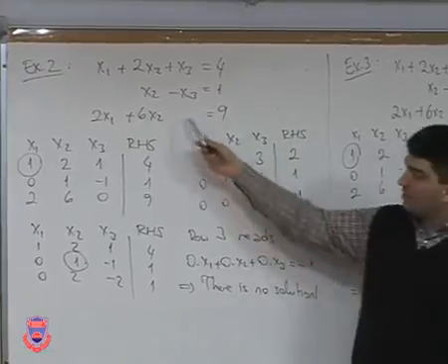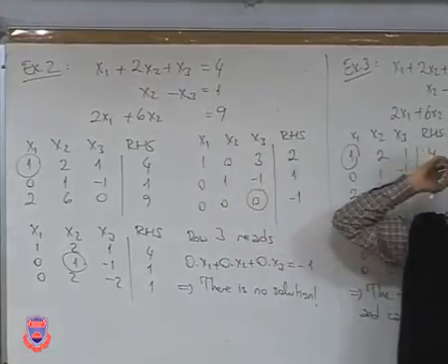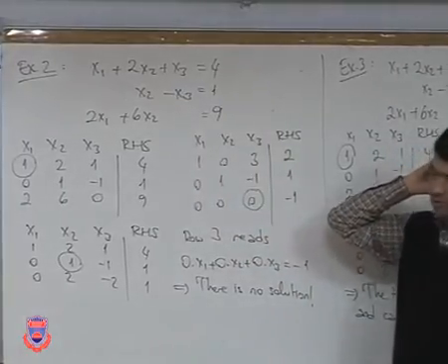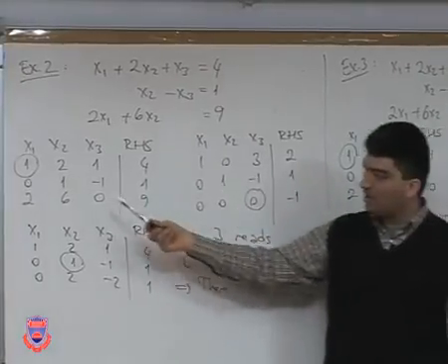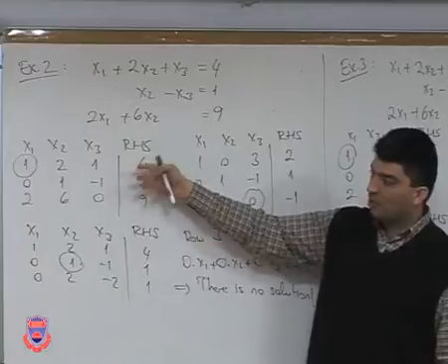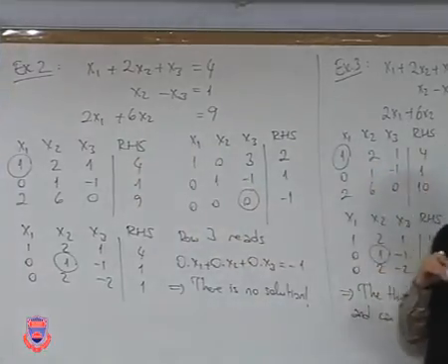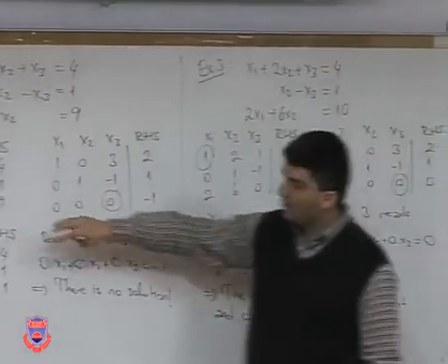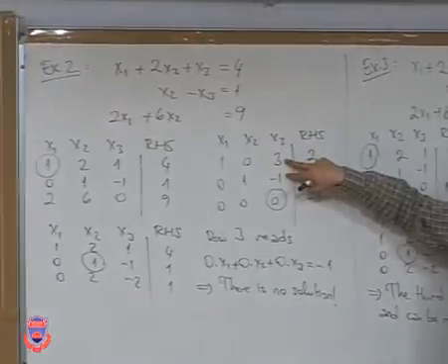So what about this matrix right here? What can I say about the rank of this matrix? Well, it's also equal to 2, because we obtained this matrix by using elementary row operations, and elementary row operations do not change the rank of the matrix. So the problem is that here you have 3 equations, but the rank of the matrix is equal to 2.